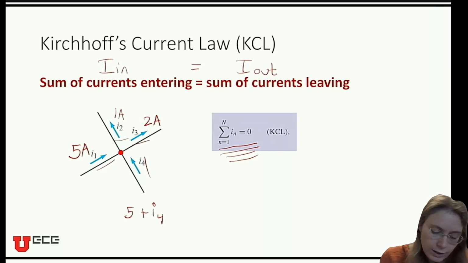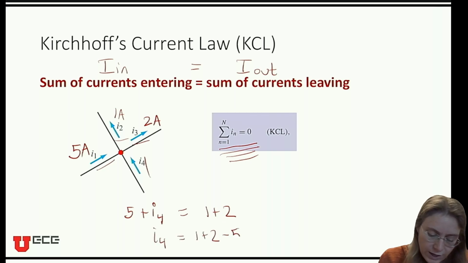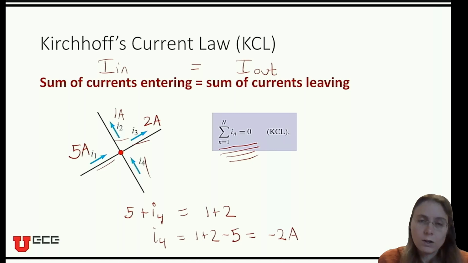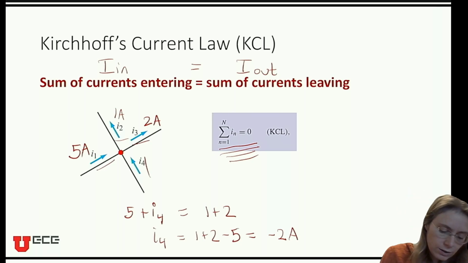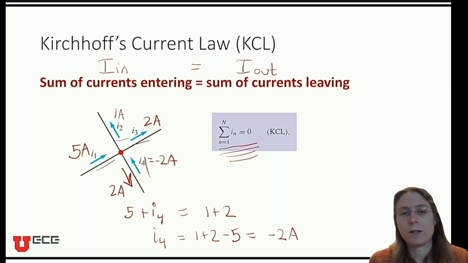And these two arrows are going out, so I will put them on the other side of the equation, 1 plus 2. So I4 is equal to 1 plus 2 minus 5, which is equal to -2. So what does a negative current mean? That just means it's current flowing in the other direction. So actually, I4 is equal to -2 amps, so I could also draw an arrow this way and call that +2 amps, if that's an easier way to think about it.